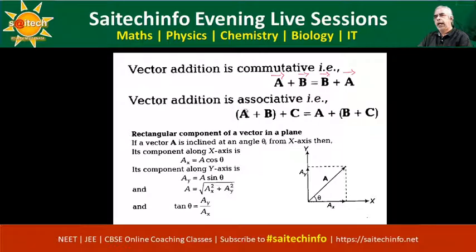Let me add these two vectors A and B, after that I add with C vector. Now I can put A vector and then add to the combination of B and C. So you can interchange the brackets here. That is called the associative property of addition of vectors.